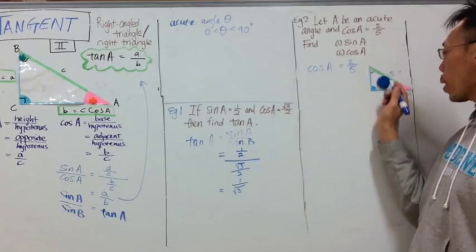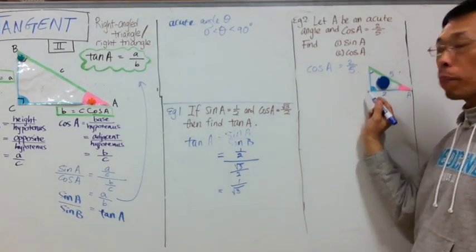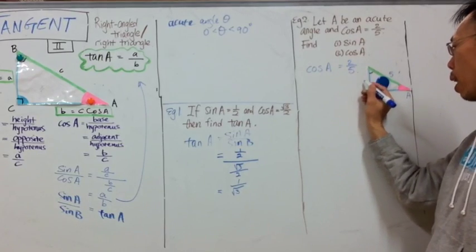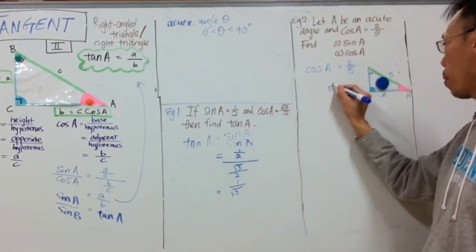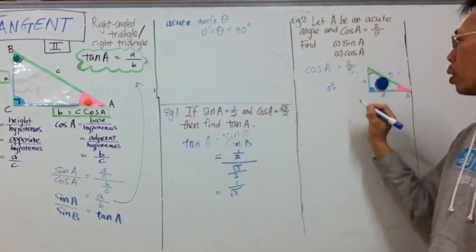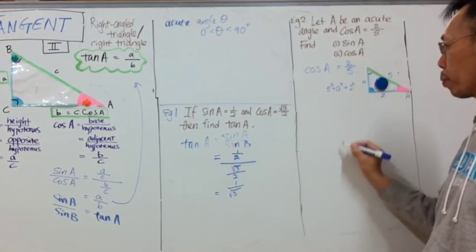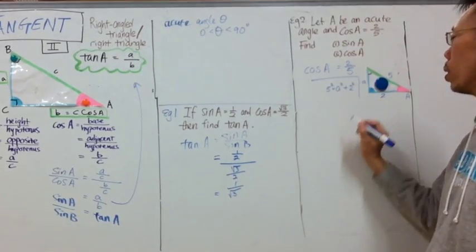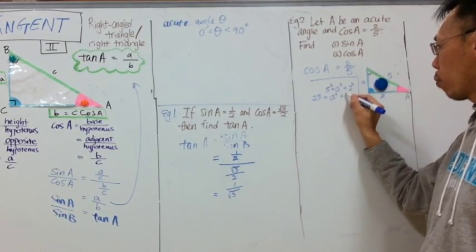What does the height have to be? Using Pythagoras theorem, 5 squared equals a squared plus 2 squared, and that is 25 equal to a squared plus 4.